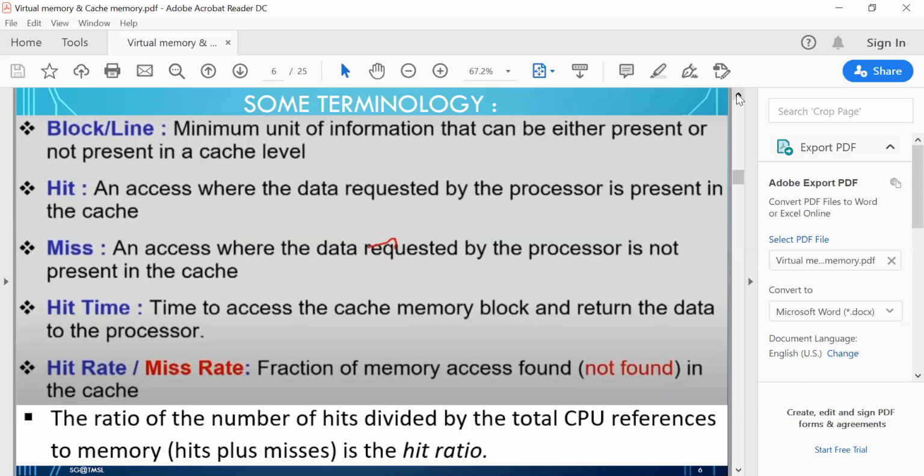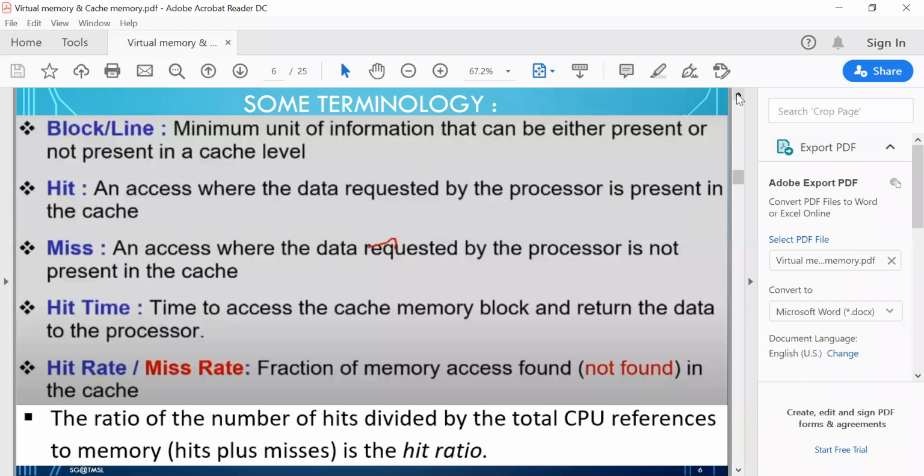And if the word addressed by the CPU is not found in the cache, the main memory is accessed by the CPU next to find the word. Due to the property of locality of reference, a block of words containing the one just accessed is then brought into the cache memory from main memory. So that means it may be present or may not be present inside this cache, and that is called the block. And this block size varies from one machine to another machine, one processor to another processor.